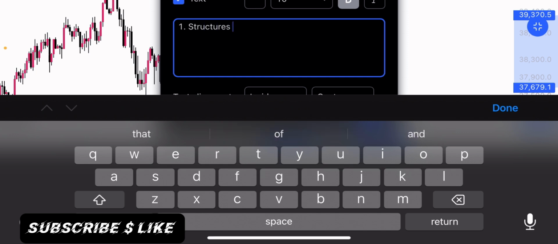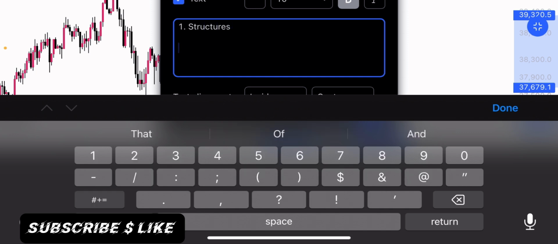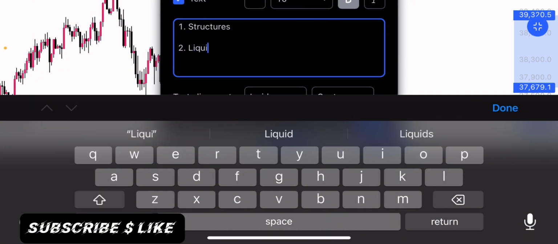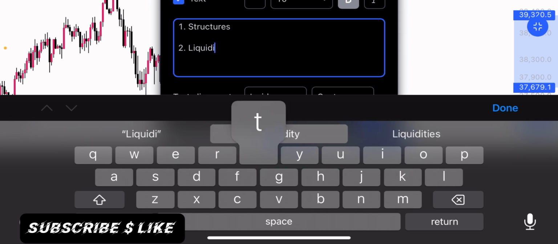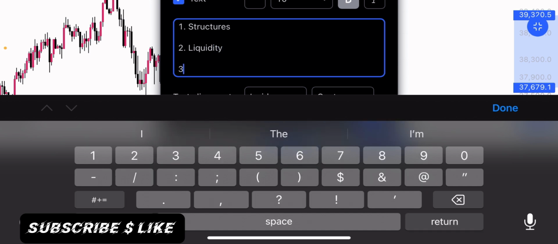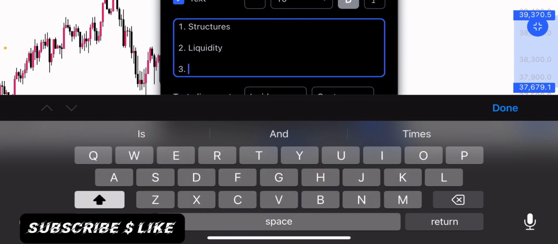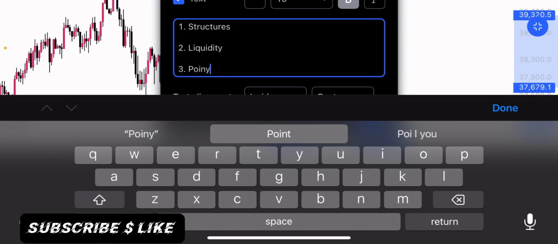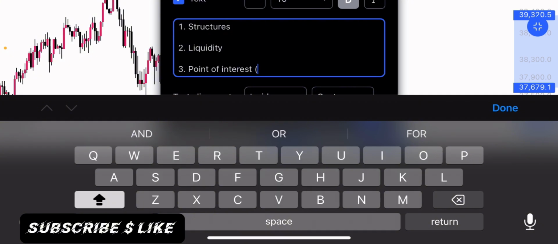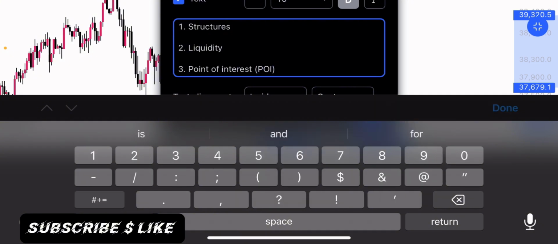Structure. And the second one is liquidity. And the third one is POI, which is point of interest. Point of interest. You can call it POI, okay?